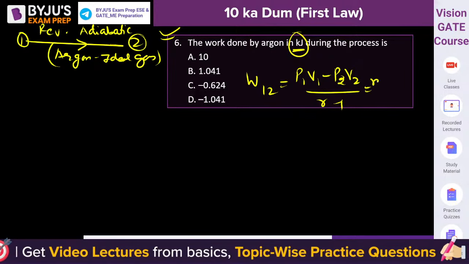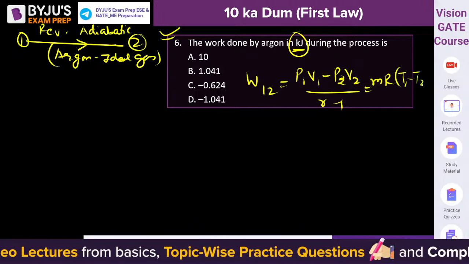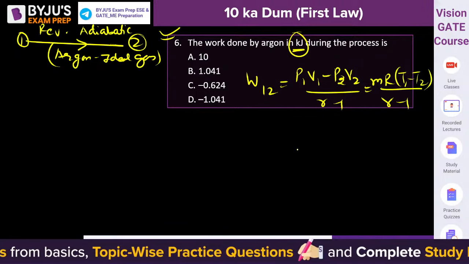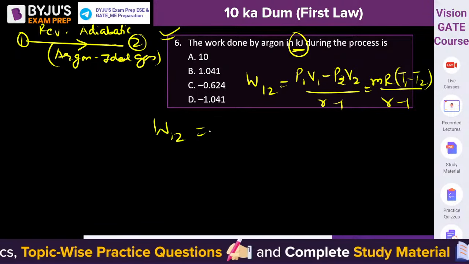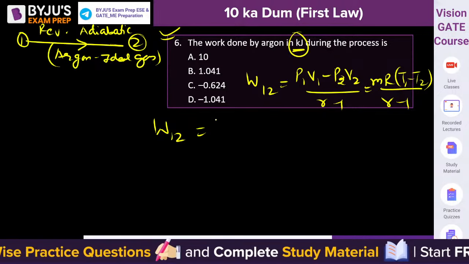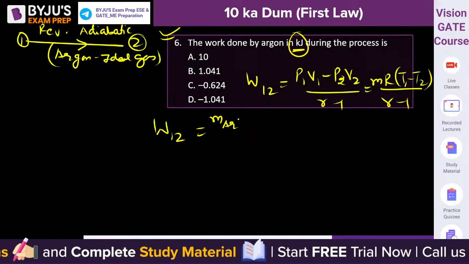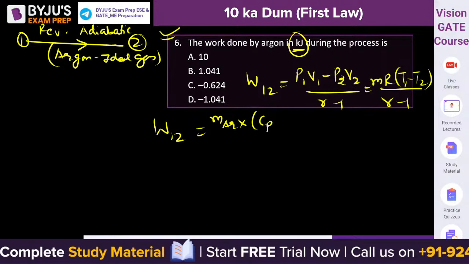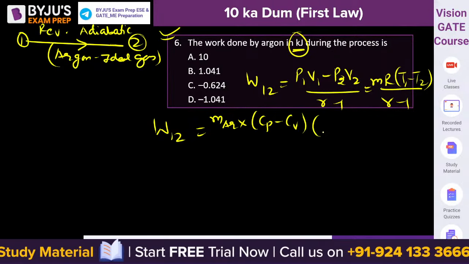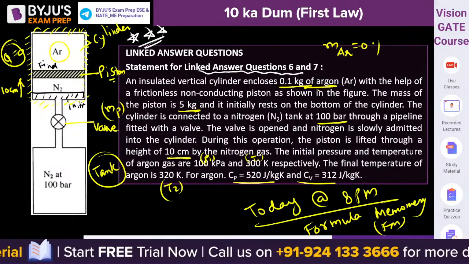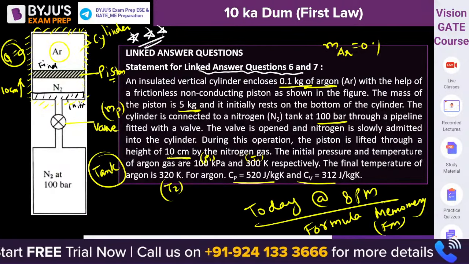So can we write it as m R into T1 minus T2 upon gamma minus 1? For argon, R can be written as Cp minus Cv, into T1 minus T2. T1 is given as 300, T2 is 320.